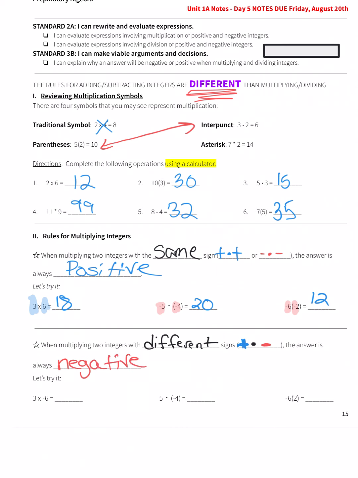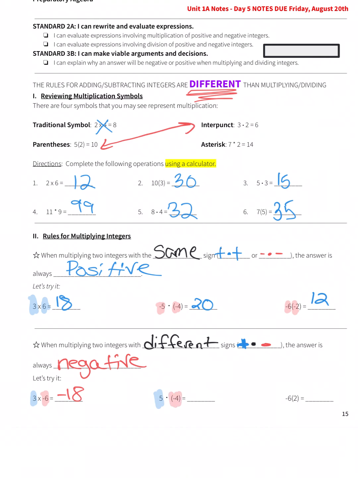So I look at this problem right here, and I have a positive 3 and a negative 6, different signs. So my answer is negative 18. Next problem. I have a positive 5, and I have a negative 4.